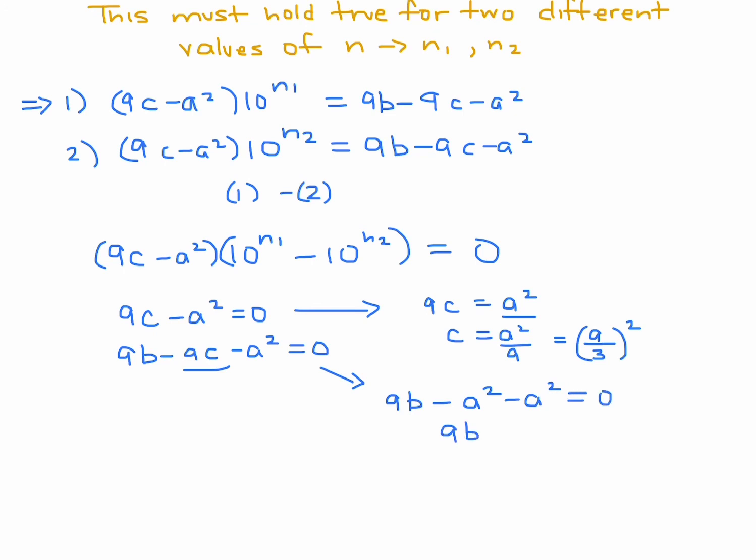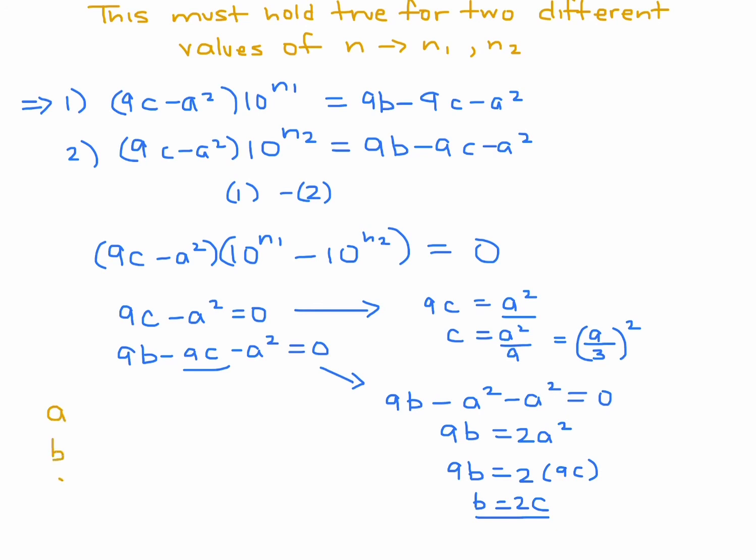So that means 9b is equal to 2a squared. And a squared is 9c, so 2 times 9c, from this right here. So that means b is equal to 2c. Yeah, that's it. Okay, so now I think we're ready to figure out a, b, and c.